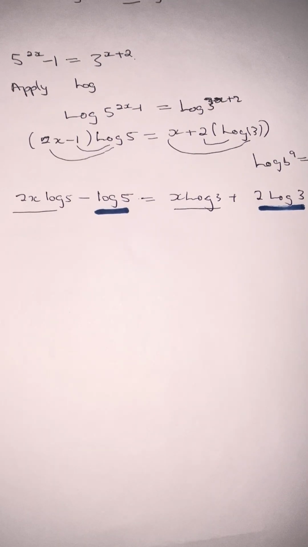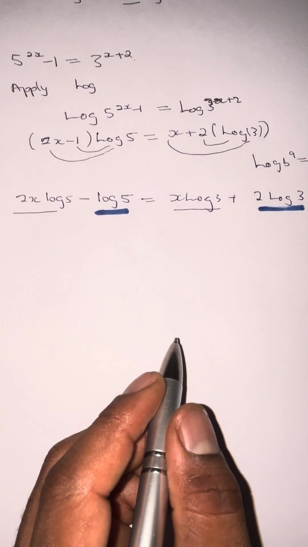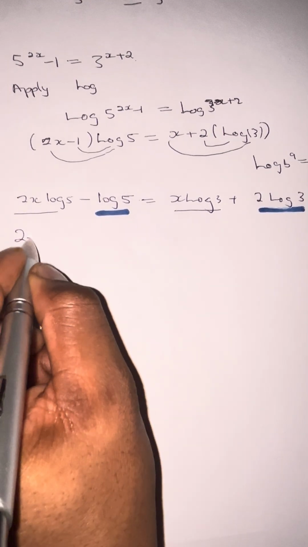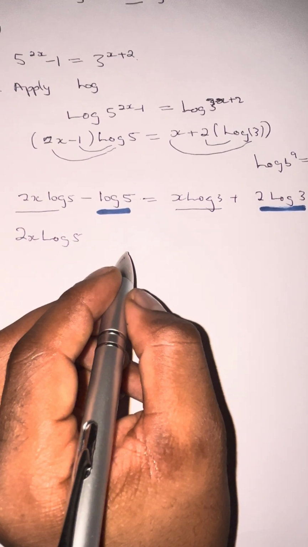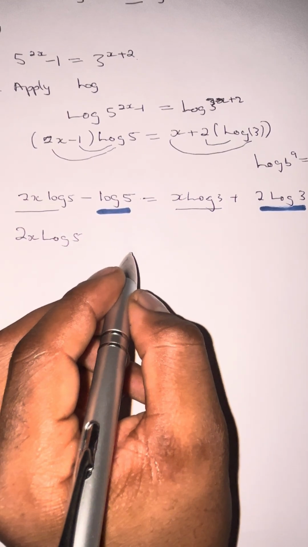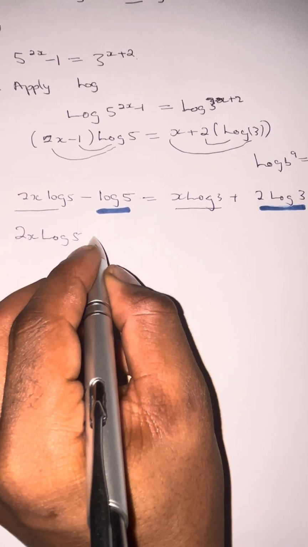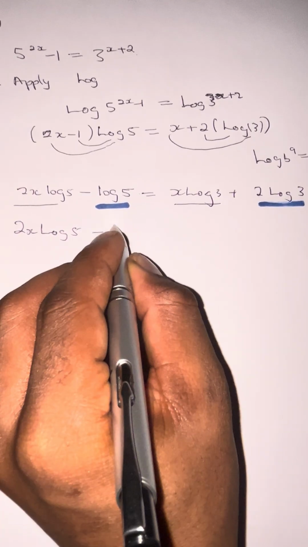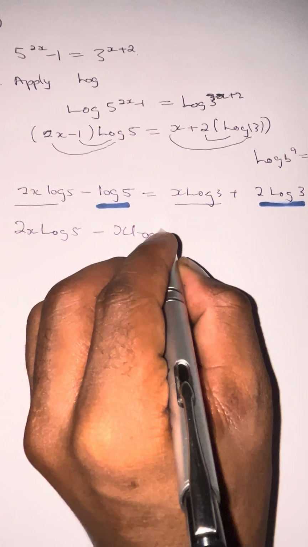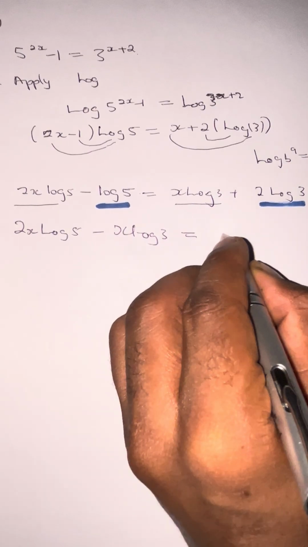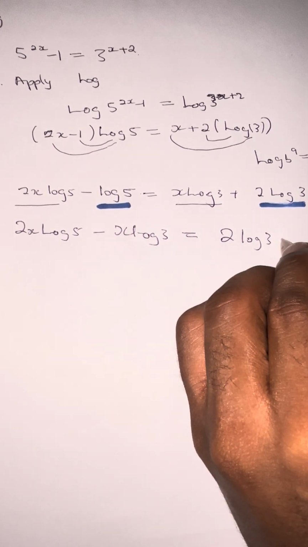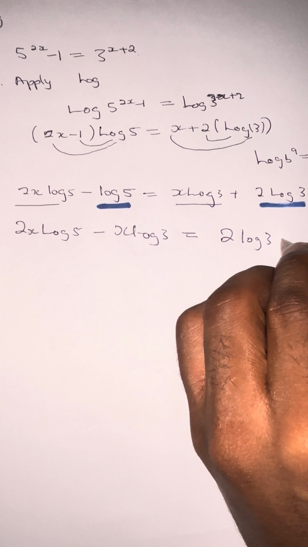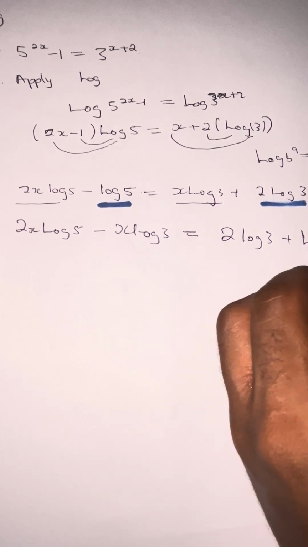Let's solve this. We are going to say 2x log 5 minus x log 3 is equals to 2 log 3 plus log 5.